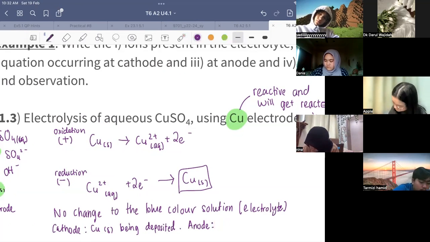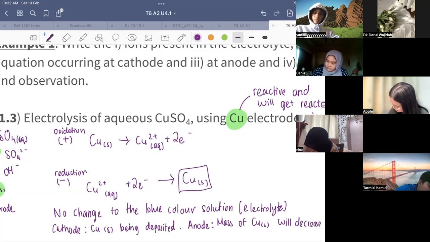So the mass of copper solid will decrease because you're using it up.